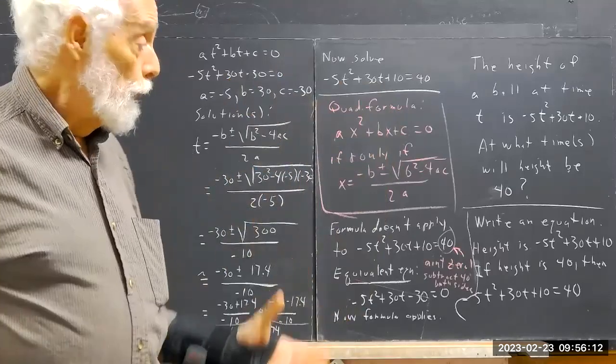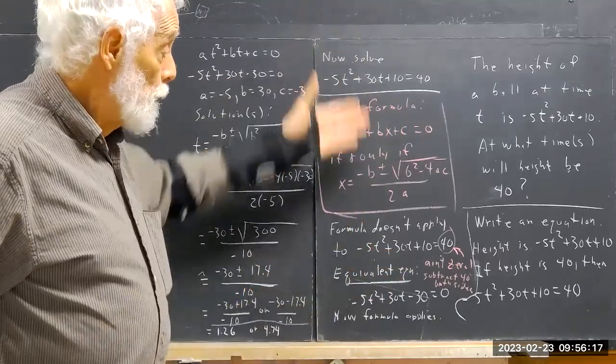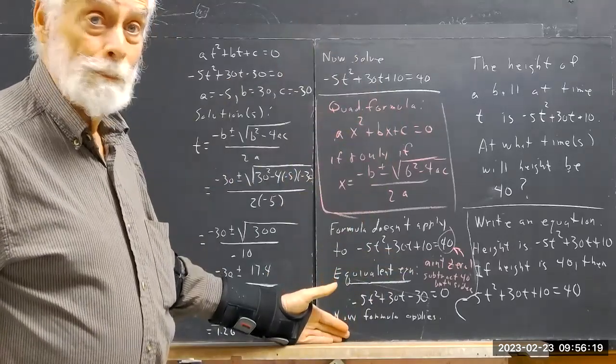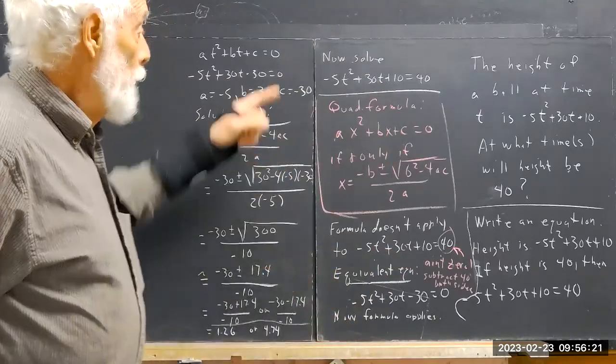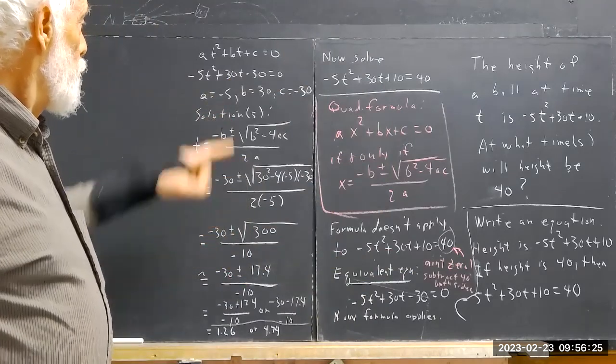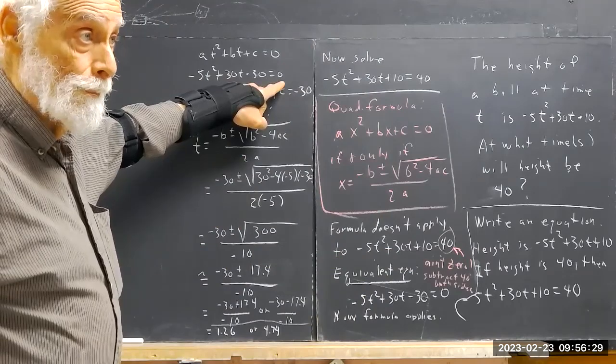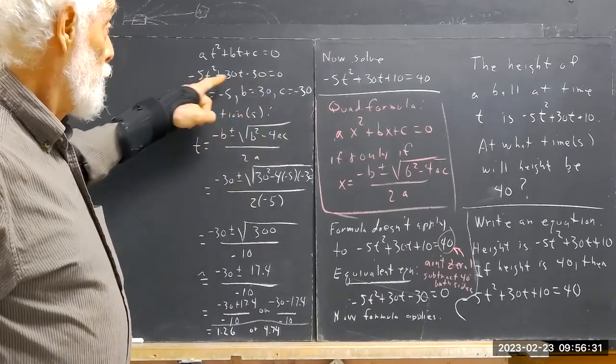Once you've written out an equation, you just solve it. But make sure you use the quadratic formula correctly. First of all, make sure that the equation is in this form with a 0 over here. Then I think you're okay with identifying A, B, and C.